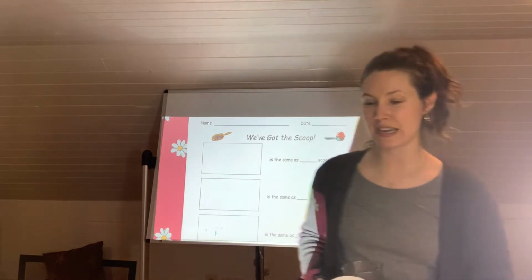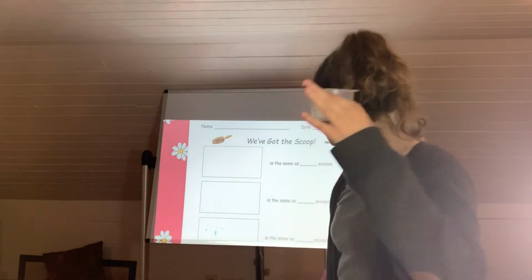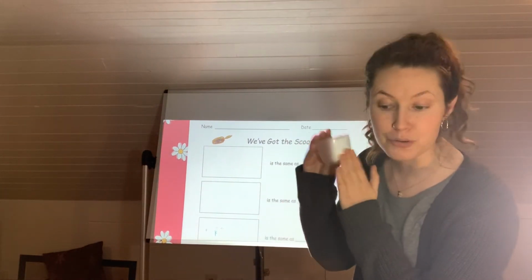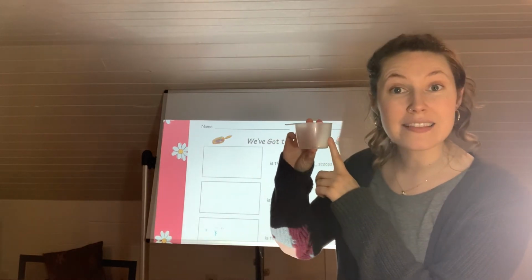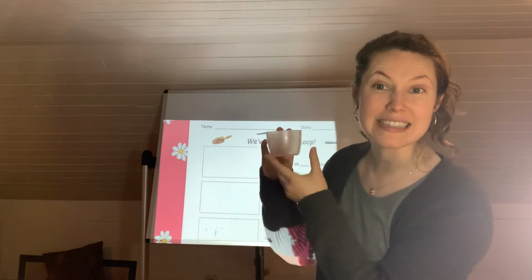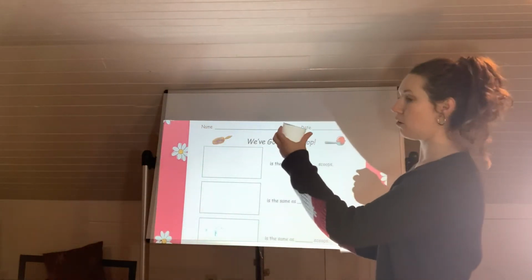So let me show you an example. I'm going to start with my little measuring cup. And the first thing I need to do is draw a picture of it here to show that that's what I'm using. To show that that's the capacity that I'm going to measure. I'm going to see how many scoops of rice it takes to make this full. So first, I'm going to draw it. I'm going to hold it up so I can see it.